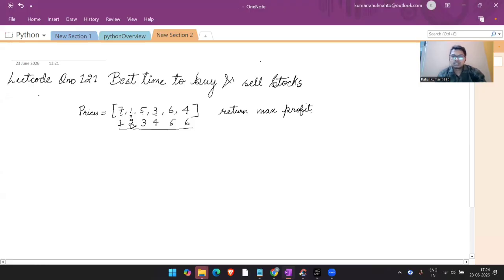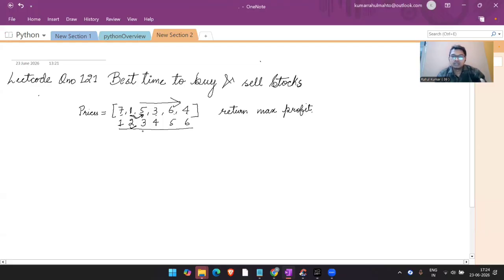So on this day I will buy the stock with price 1, and now I need to sell this stock in the upcoming days. Next day I'm seeing the stock price I purchased at 1 becomes 5, it rises by 5. So it's great.